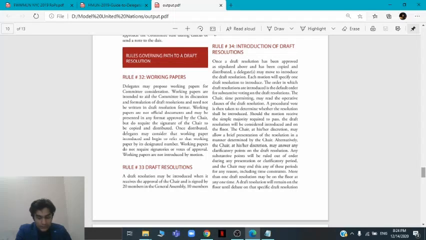Other than that, there is a need of a simple majority.